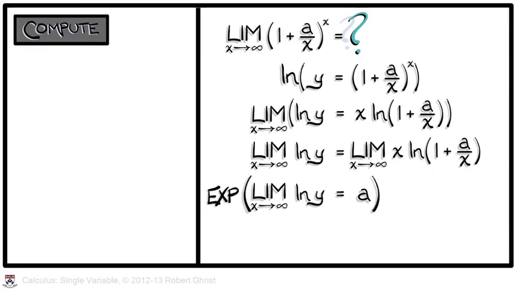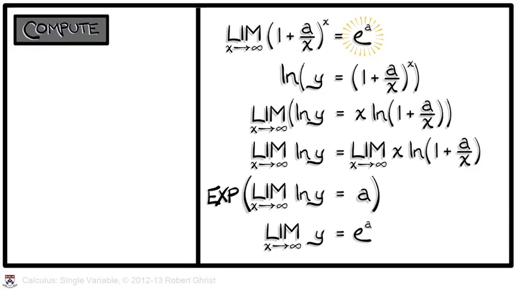And so, exponentiating this equation and exchanging with the limit gives the limit as x goes to infinity of e to the log of y, that is y, is e to the a. And that is indeed what the limit of 1 plus a over x to the x is.